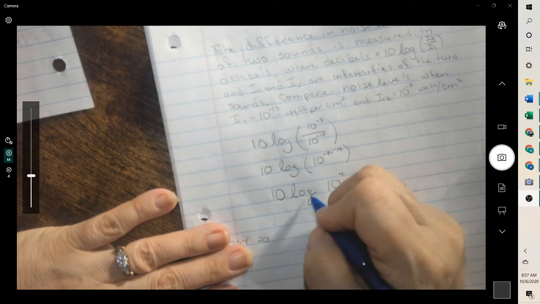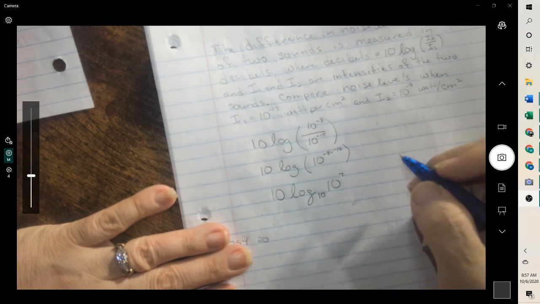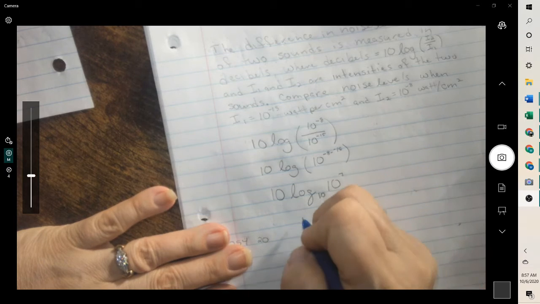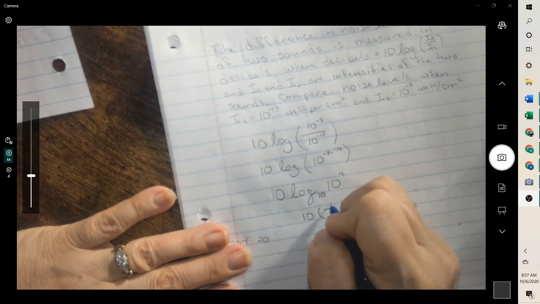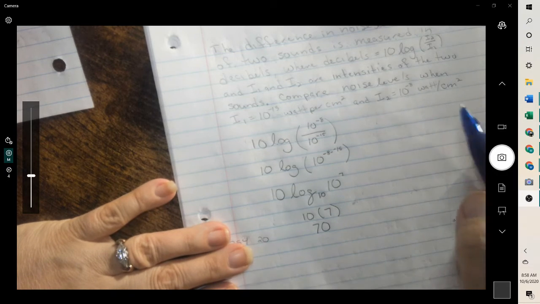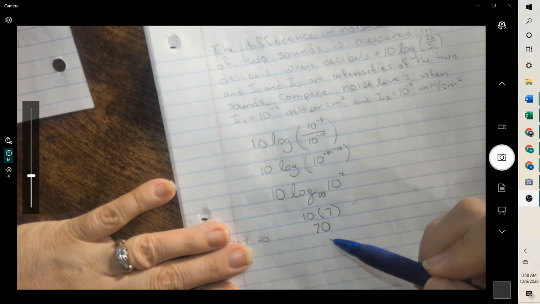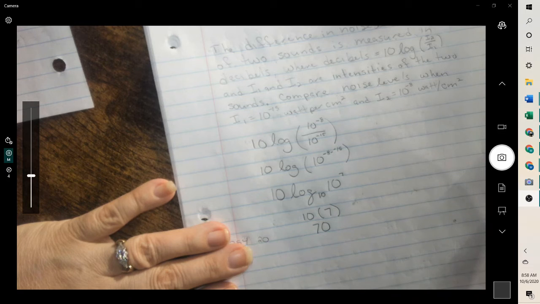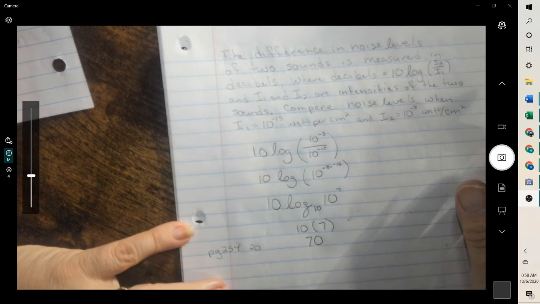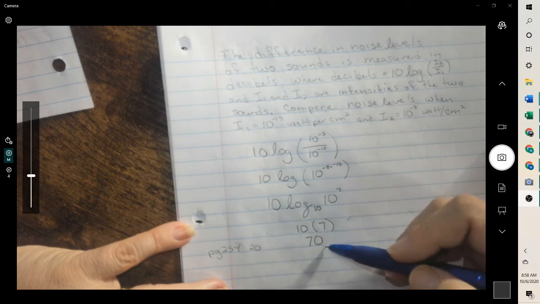Well, we know that the log is base 10 when there's no base. So these are the same, which leaves us 7. So we have 10 times the 7, or 70. So the one noise is 70 decibels louder than the other. And so you can just simplify your logs.